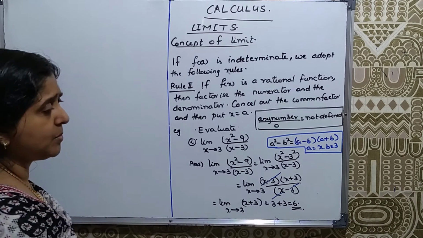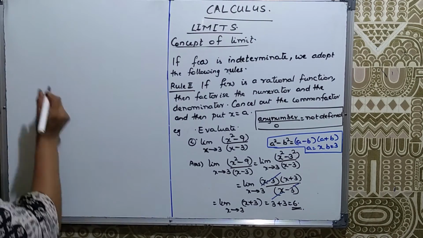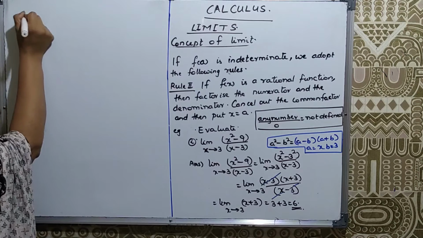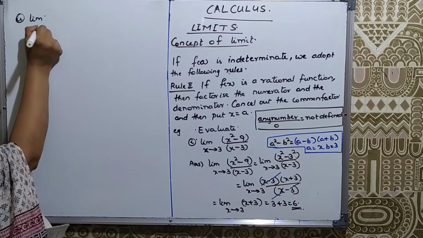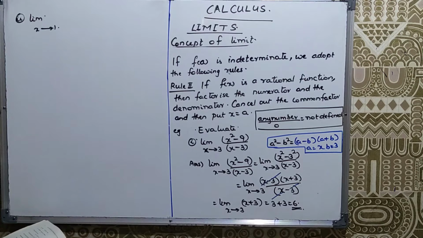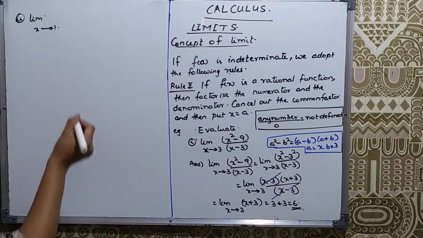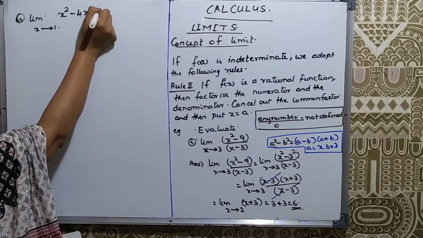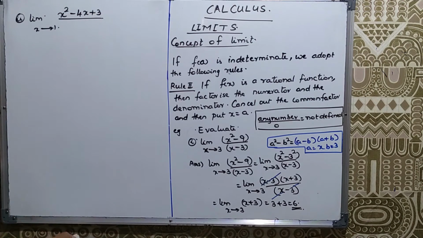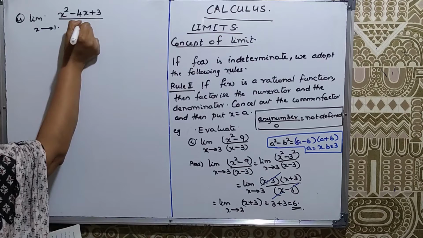Now we will go to example 2. Second example: limit x tends to 1, x squared minus 4x plus 3 divided by x minus 1.